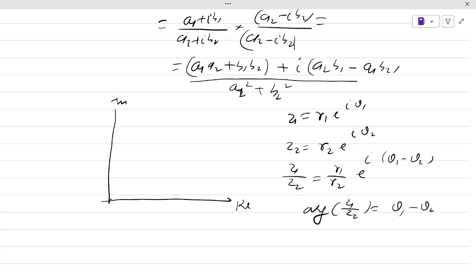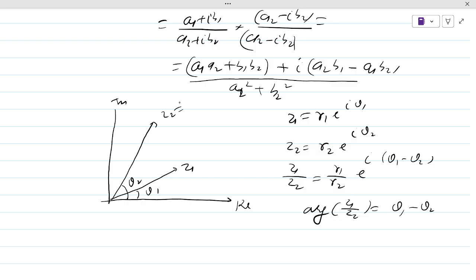Let's see if we draw the complex number. Let's say z1 has argument theta 1, and z2 has argument theta 2. Now theta 1 minus theta 2. So where does this lie?